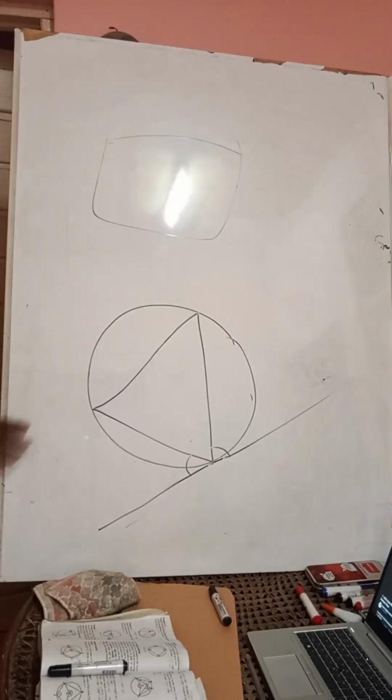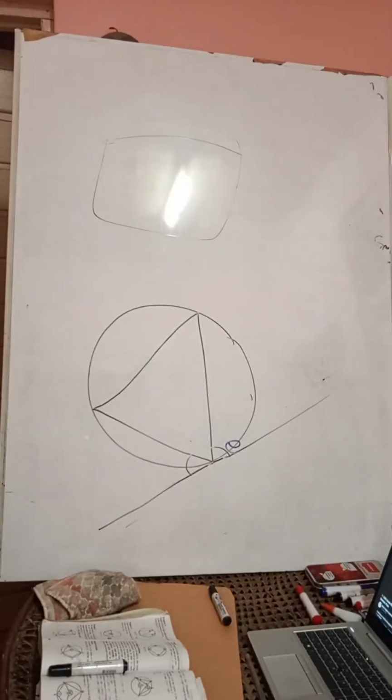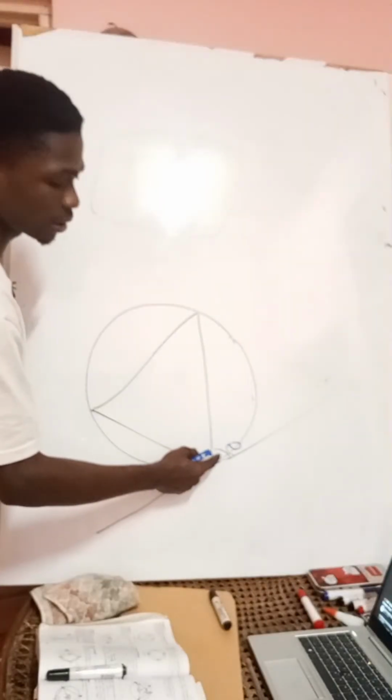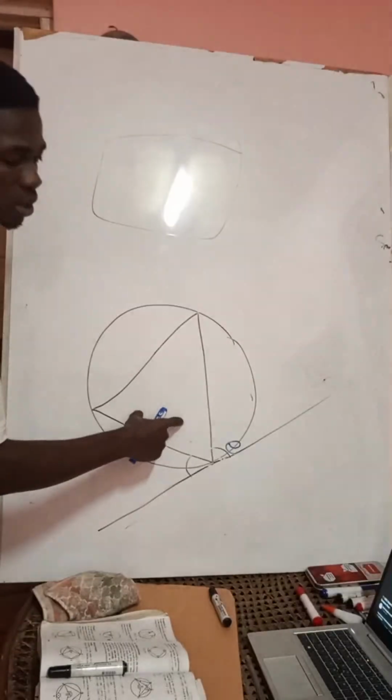It's very simple. If this is angle E, pay attention. Here, we are coming to find the relationship between the angle that is outside the triangle and the angle that is inside the triangle.